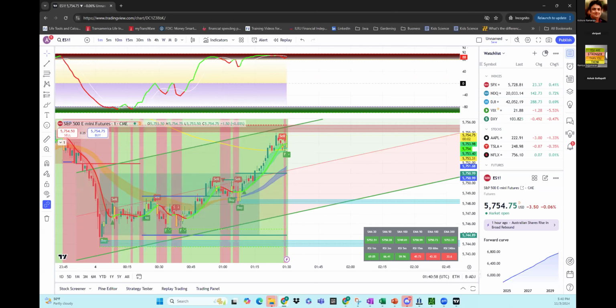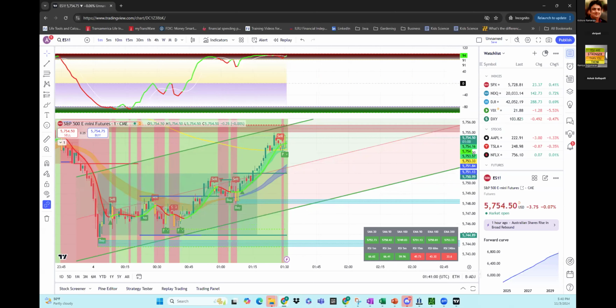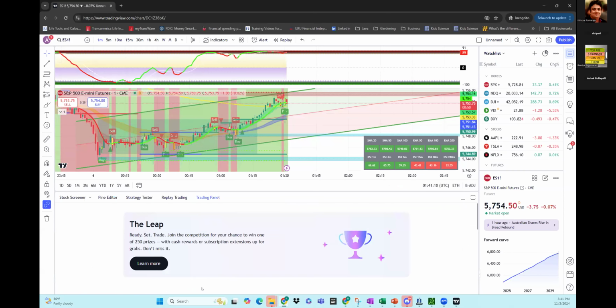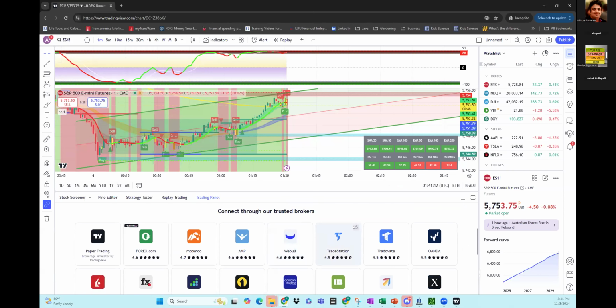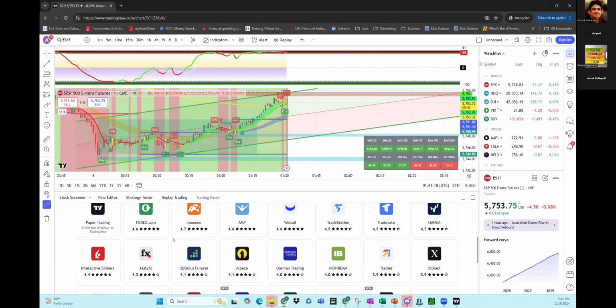If we want to start in TradingView, what would you recommend for somebody who's starting? TradingView is just a charting platform. It is not a brokerage. For example, if you have an account with Tradovate, Webull, TradeStation or IBKR, you can click here and provide your credentials. Then whatever you take here, they will place in that account.